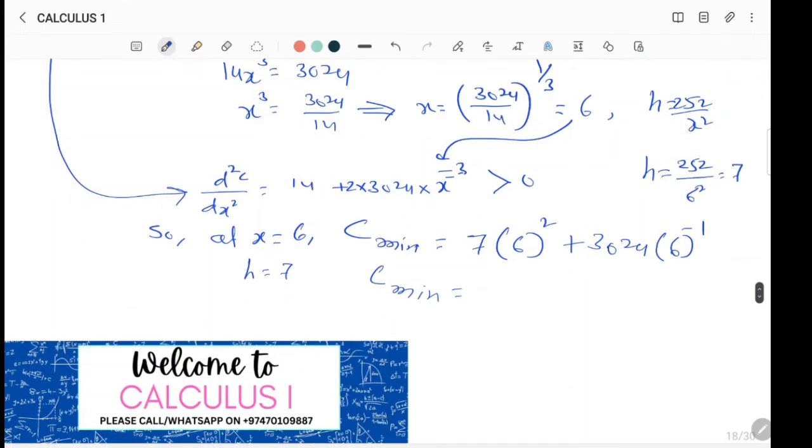Okay, now let's use the calculator. 7 times 6 square plus 3024 times 6 to the power minus 1. I got 756.